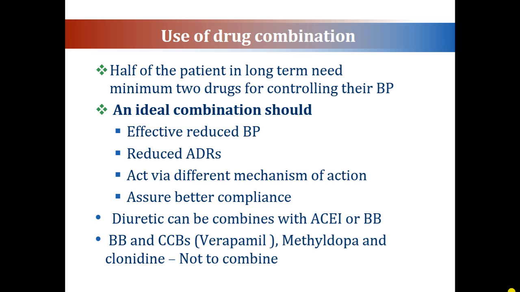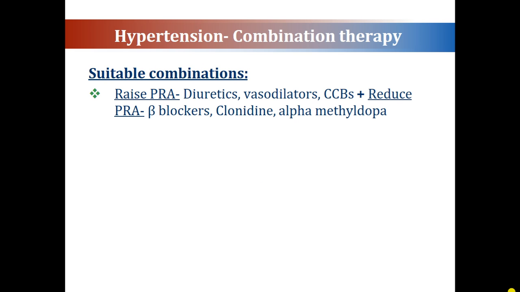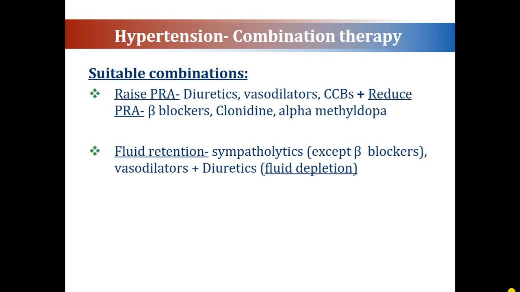Diuretics can be combined with ACE inhibitors or beta blockers. Beta blockers and calcium channel blockers, methyldopa and clonidine cannot be combined. So suitable combinations are one drug which raises the plasma renin activity, like diuretics, vasodilators and calcium channel blockers, along with a drug which reduces plasma renin activity, like beta blockers, clonidine and alpha methyldopa.